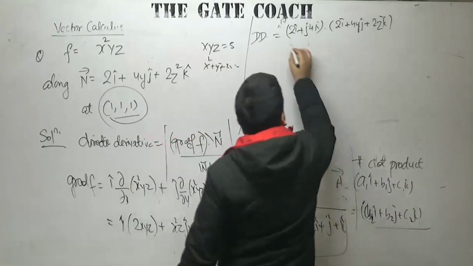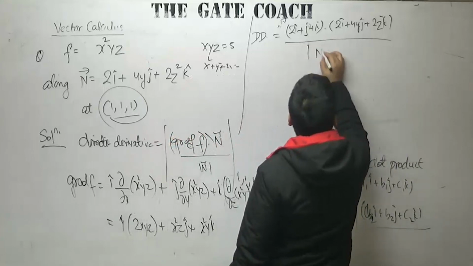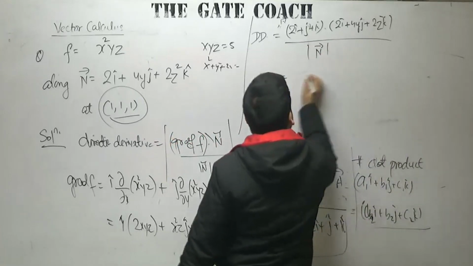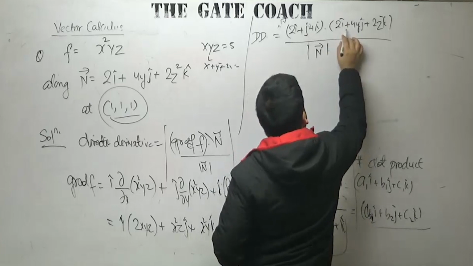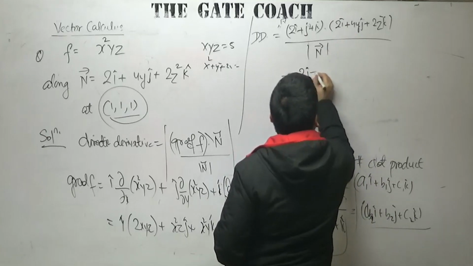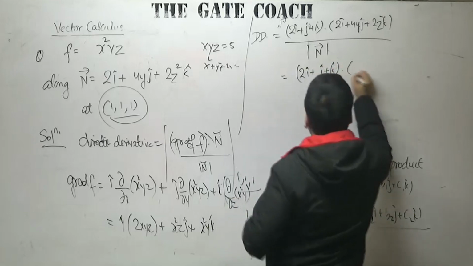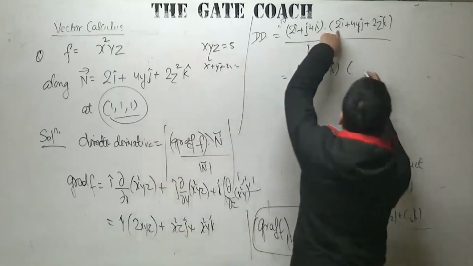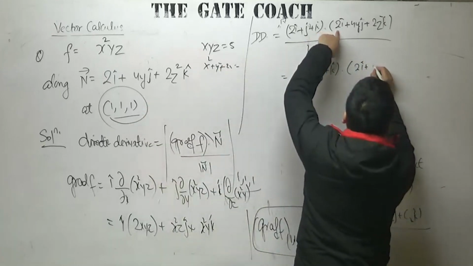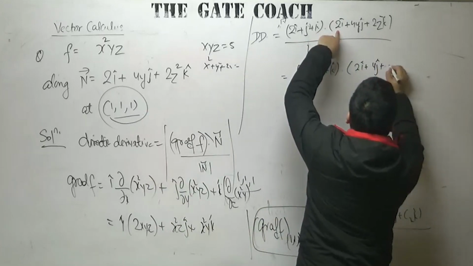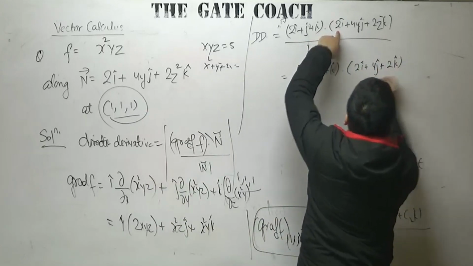Divide by the magnitude of n vector. Let me put the value of 1 1 1 here. It will be 2i cap plus j cap plus k cap dot 2i cap plus 4j cap plus 2k cap.